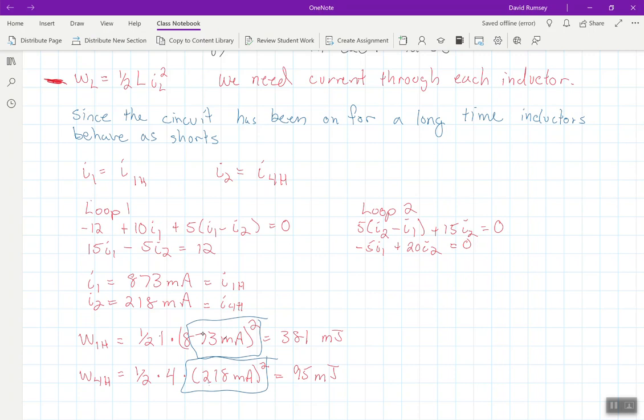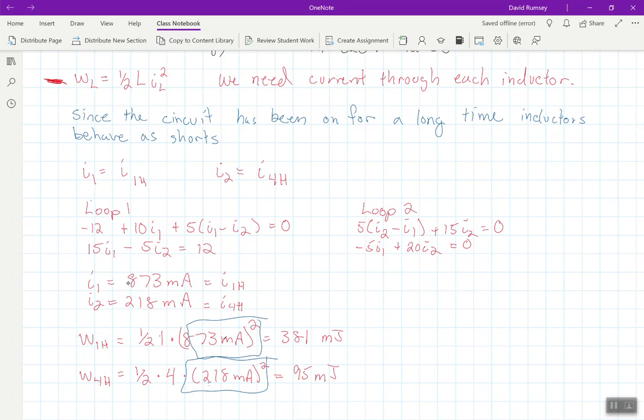And if this is 16 times bigger than this one, I'm only multiplying by 4, so just doing this arithmetic in my head, I should roughly be getting 4 times as much energy stored in the 1 Henry inductor as in the 4 Henry, which is roughly what I'm getting, not exactly.